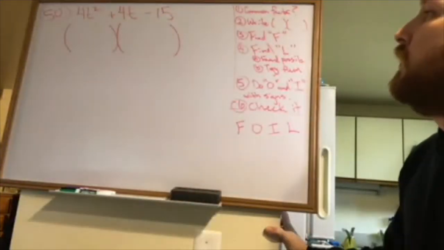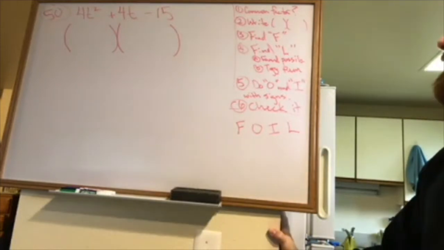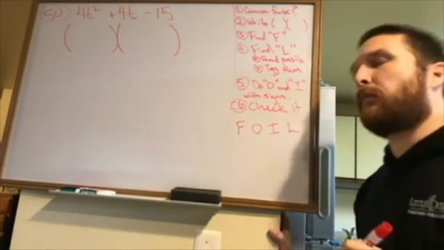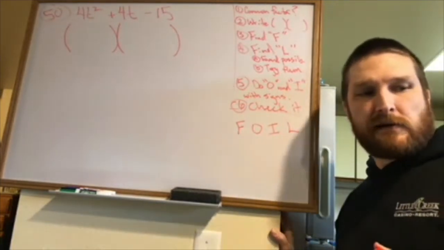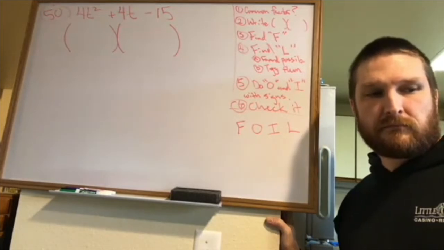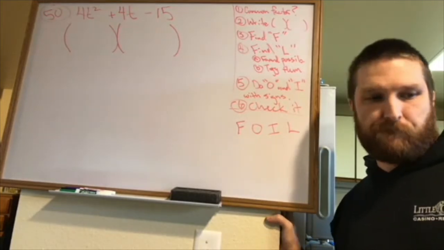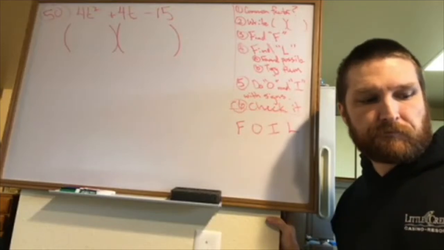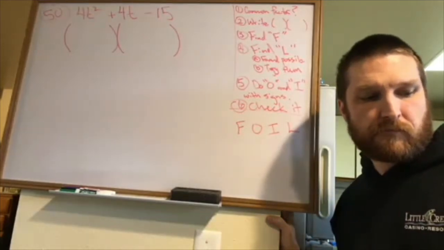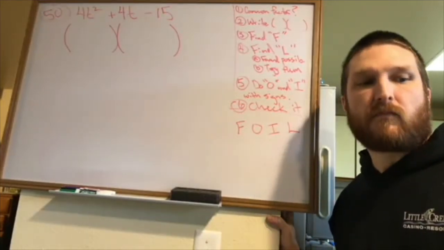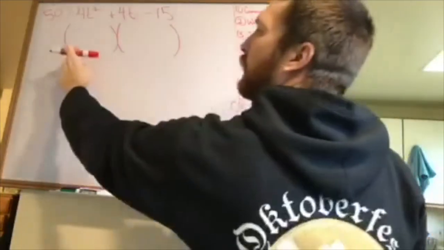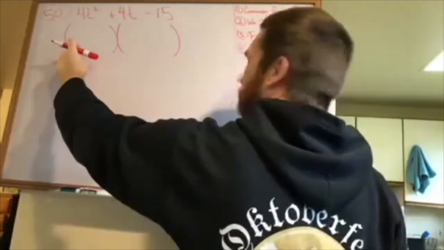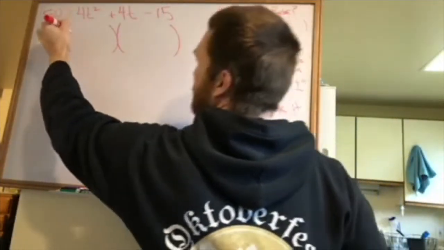Okay, now, what do you want to put in for f? There's a couple possibilities. Either 4 times 1 or 2 times 2. Which one do you want to try first? 2 times 2. Okay, so we're going to do 2. So what do I want to write here? 2t. 2t.